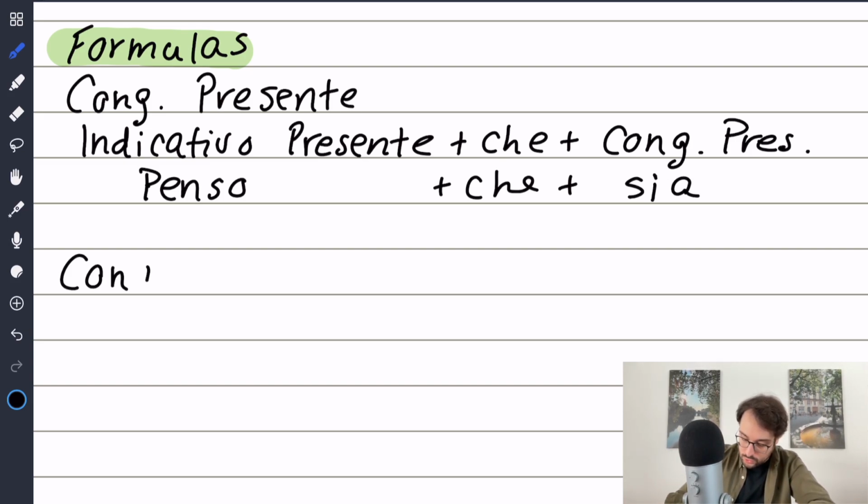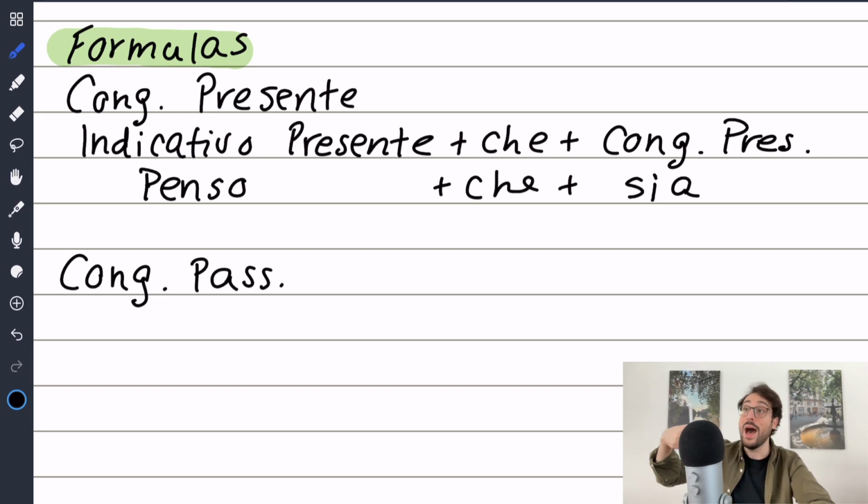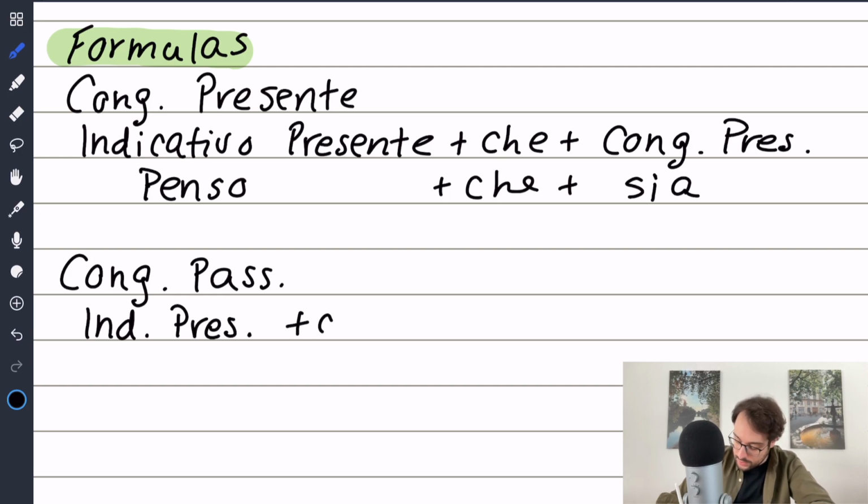Now we have congiuntivo passato, which is simply the compound past version of what we just had up above. You can start your sentence in the indicativo presente, then you have che, and then you can have congiuntivo passato.